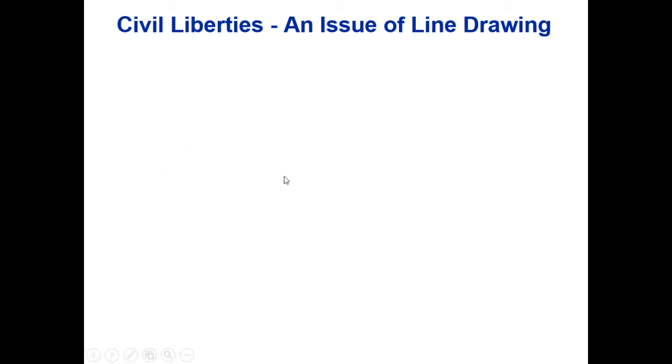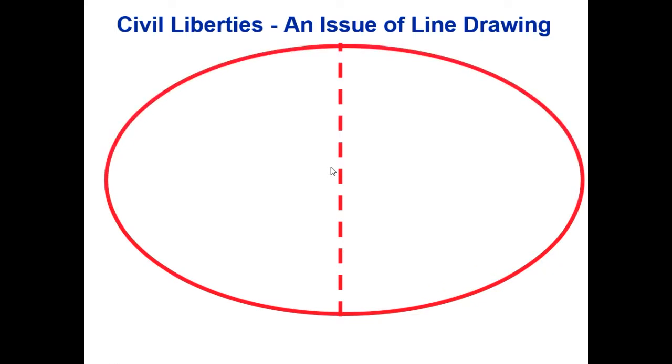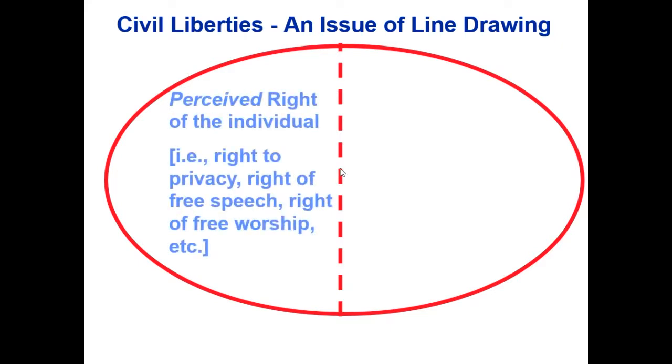Okay, there's one other issue I want to touch on before we get to the details of the criminal justice provisions. Okay, a general issue here. With any of these civil liberties rights that we might talk about, whether it's the right of free speech, or the right of free worship, or the right to counsel, or the right to keep and bear arms, or whatever the issue is, it's always a matter of line drawing.